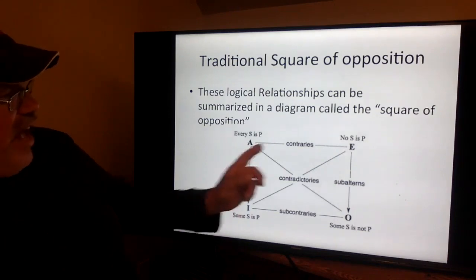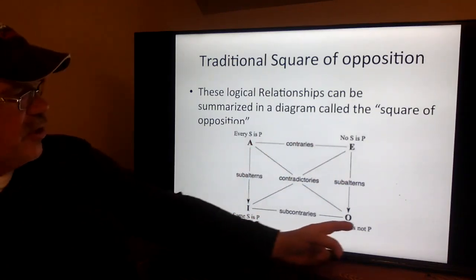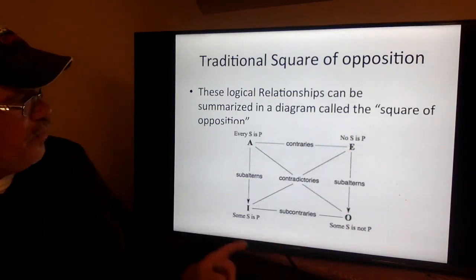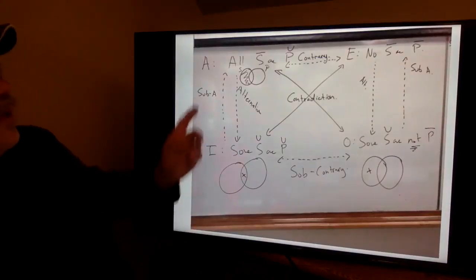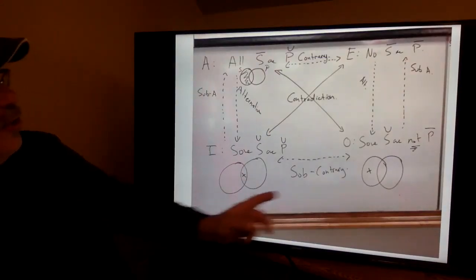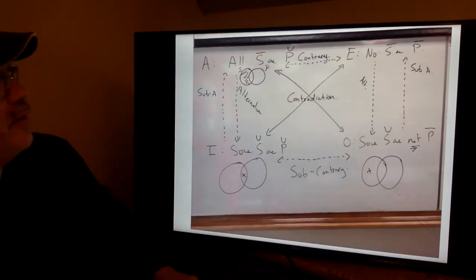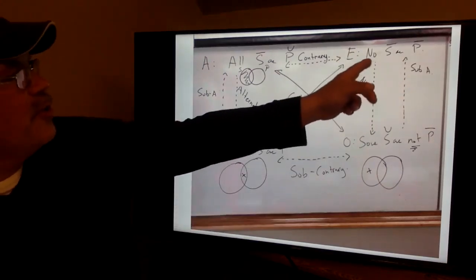Notice that we have A and E, the universals, across the top, the particulars across the bottom, positive, negative. I like that better. I've even added the two circle diagrams here, although somehow I forgot that one. No student called me out for that at the time. I guess you guys can do that. That would be the two circles.